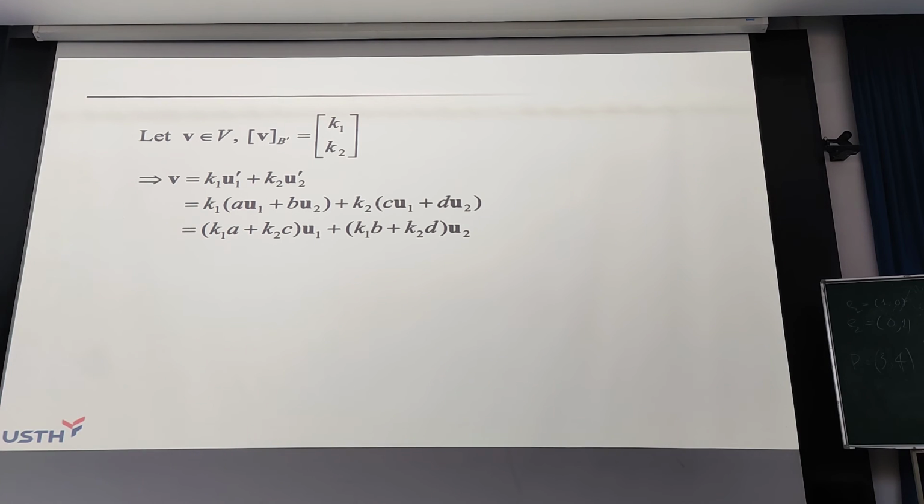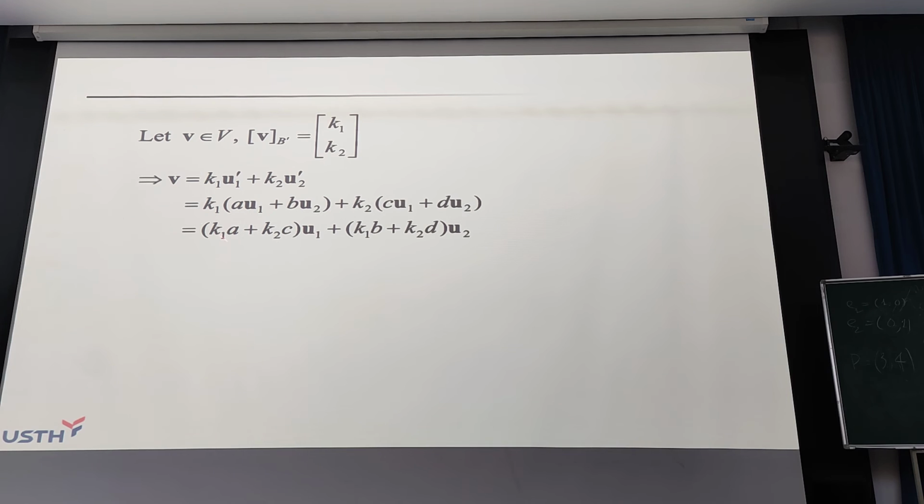In the previous slide, we already know U1 prime to be that and U2 prime to be that. So you substitute it here, and once again you regroup it, U1 in here and U2 in here. You get that V now equals that.